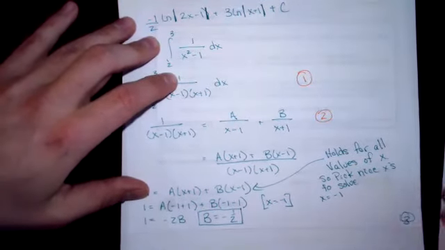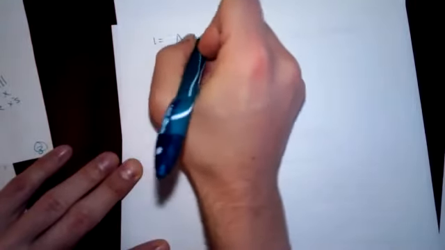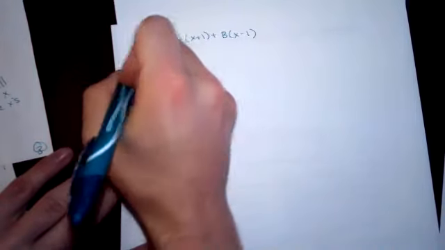And I got to use a new piece of paper here. So let's rewrite out what we had. We had this equation. And we solved b is equal to minus 1/2.